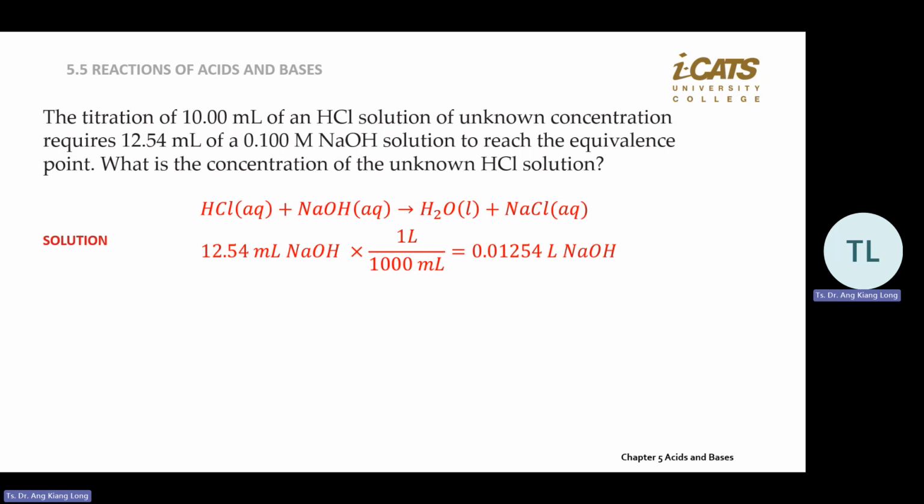This is your known value for NaOH. So 12.54 ml will equal 0.01254 liter. You change the unit from ml into liter first, and you get 0.01254 liter of NaOH.